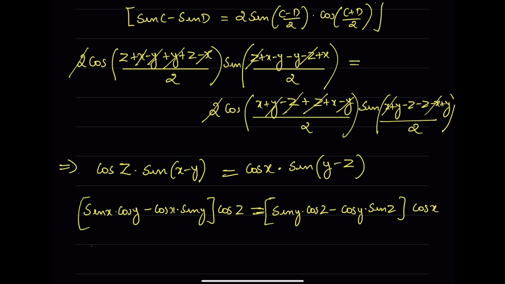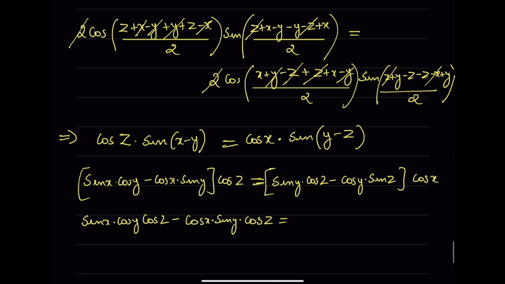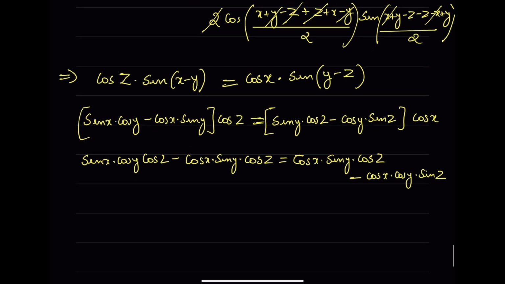So let's simplify this. We have sin x cos y cos z minus cos x sin y cos z is equal to, on the right hand side, cos x sin y cos z minus cos x cos y sin z. Now let's see how we can solve this.